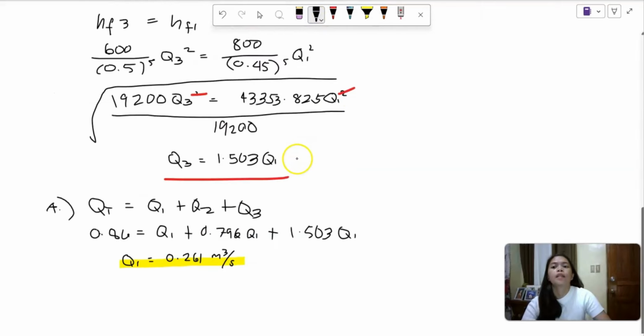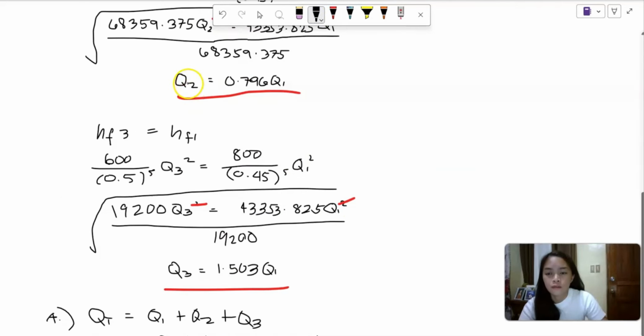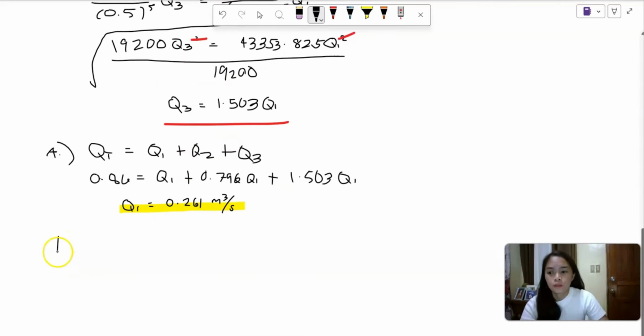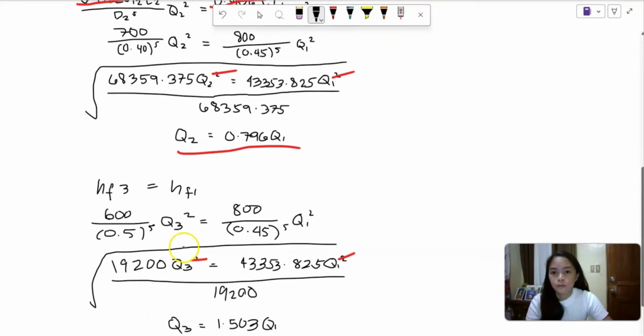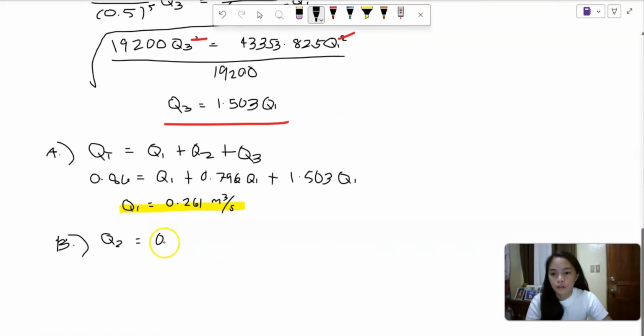Now we can also get the flow in pipeline 2, so we will use this equation. Q sub 2 equals to 0.796 Q sub 1.